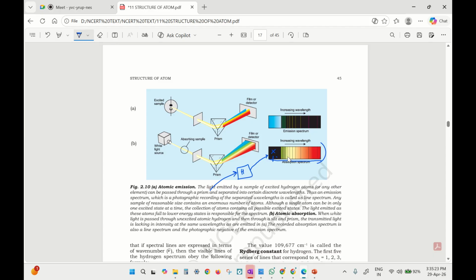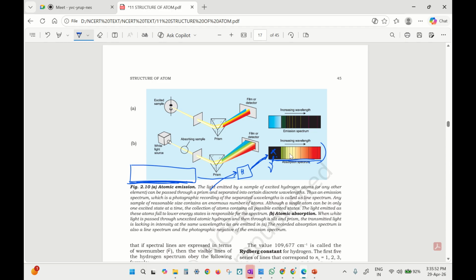The original was continuous, with no gaps at all. But what came out immediately was not continuous like the original. Some electromagnetic radiation was missing. The radiation corresponding to this frequency was not to be found, and likewise for this black line.